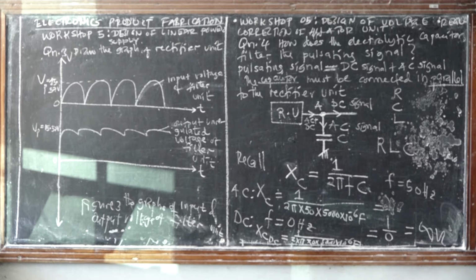Okay? So whenever you feed AC and DC signal to the capacitor, the AC signal will flow because there is minimum resistance against it. But the DC signal will never flow because the DC signal will face infinity. It's just like if I ask all the students to push this wall until it falls down.